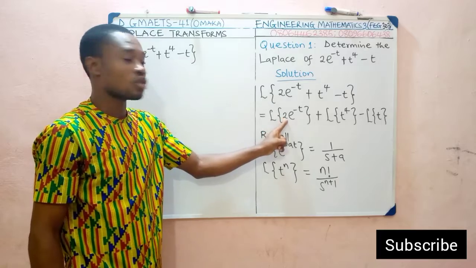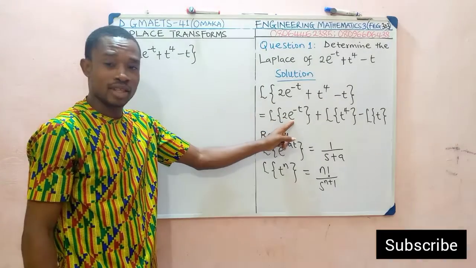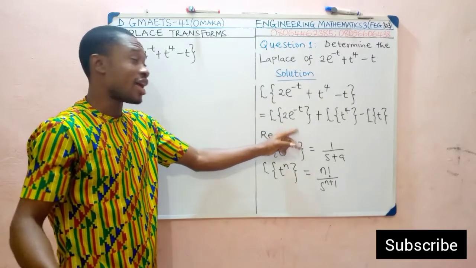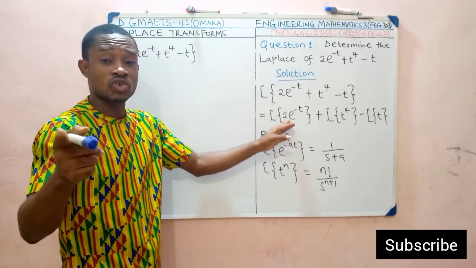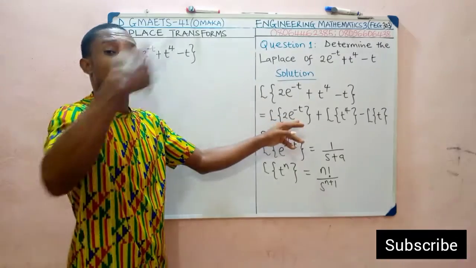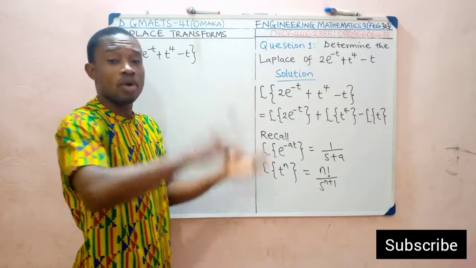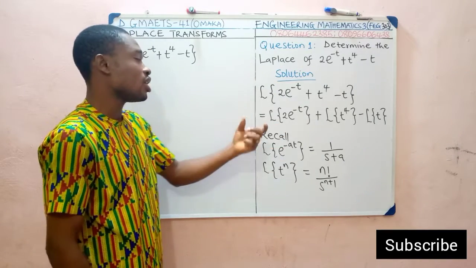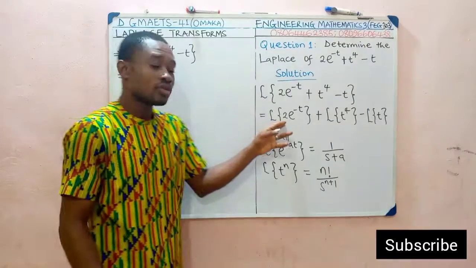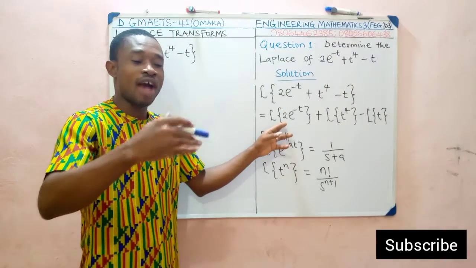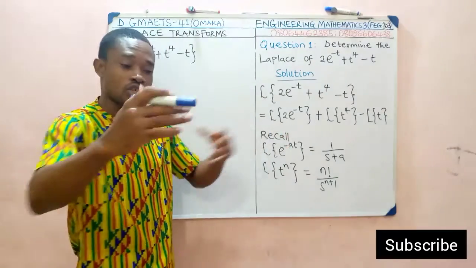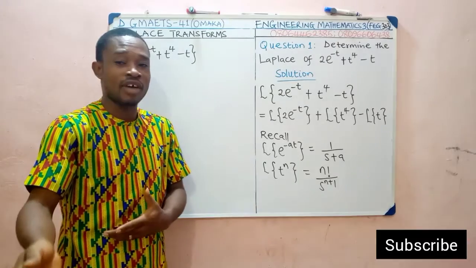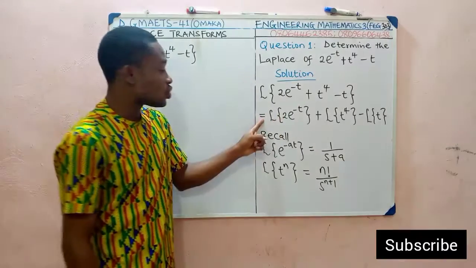This 2 is a constant, so it's meant to come out since it's multiplying this. Or if you feel like you can use the first shift theorem where exponential plus minus at is a multiplier of whatever function you have. But I would prefer to use that rule where if you have Laplace of a constant times a function, you bring out the constant, then take the Laplace of that function. So I'm bringing out this 2.